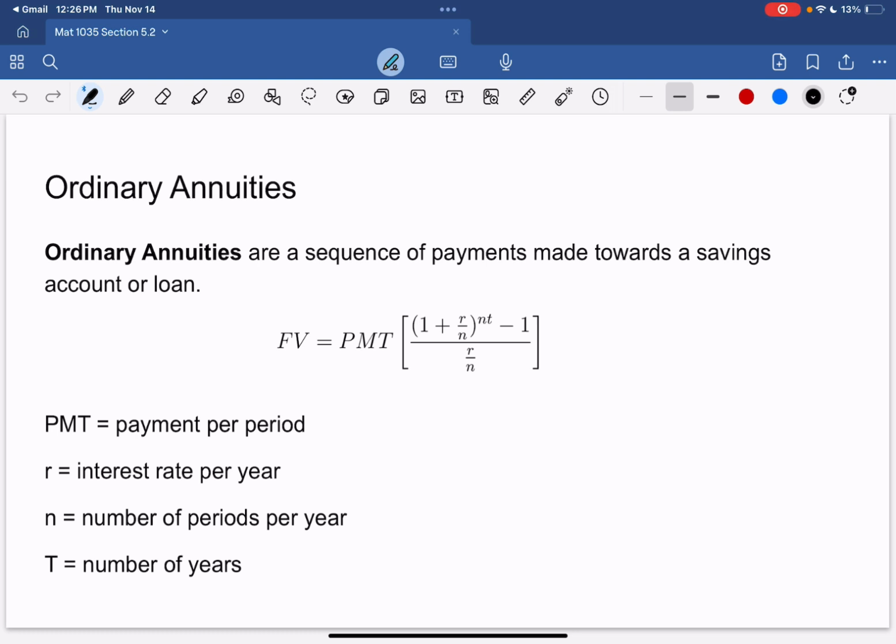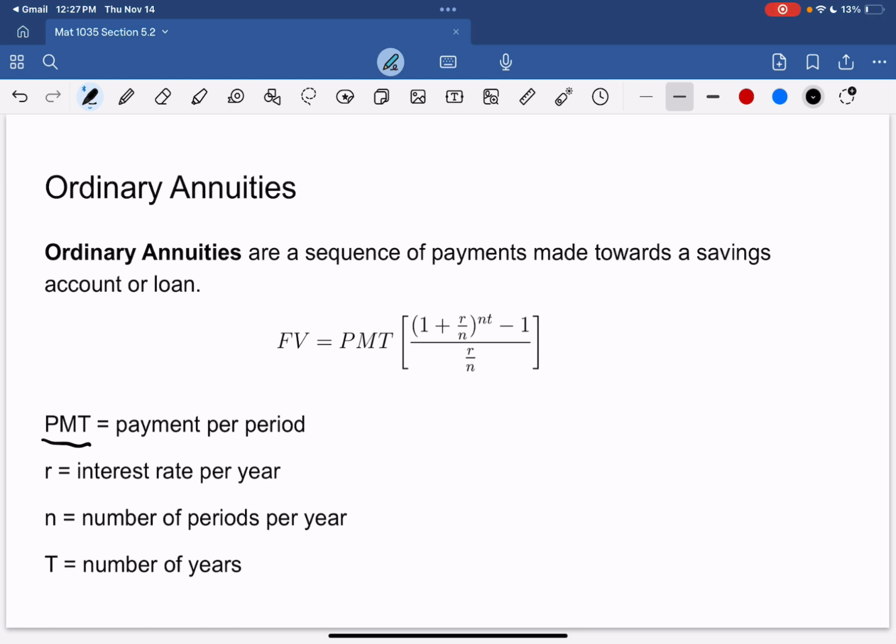So this is the formula for an ordinary annuity to find the future value. So PMT, that represents our payment, and that's per period. Most of the time we'll discuss monthly payments, but it could obviously be any period. Then we have the interest rate as R. The N represents the number of periods per year.